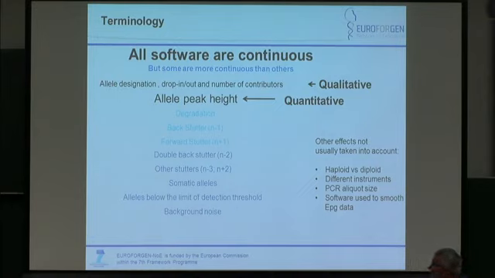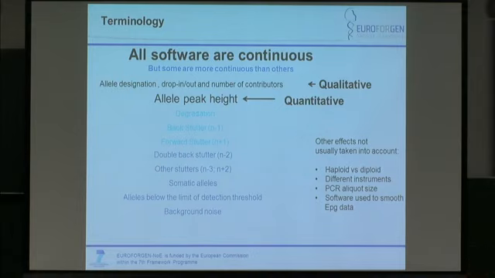We could also take account of alleles below the limit of detection thresholds. All labs work with a limit of detection, but of course you do have alleles that may appear below that level, and then of course you're getting into the background noise. Other effects not usually taken into account: there is a difference between haploid and diploid cells.